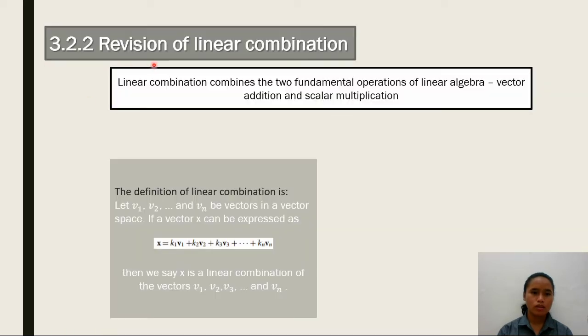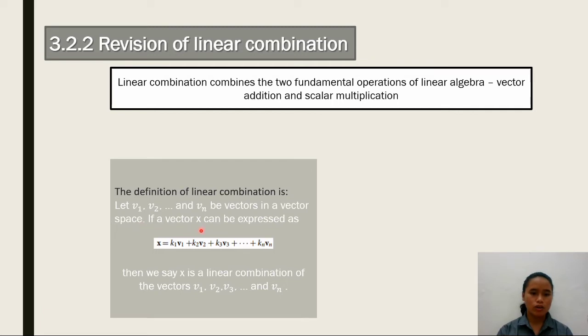A revision of linear combination. Linear combination combines the two fundamental operations of linear algebra, vector addition and scalar multiplication. The definition of linear combination: let v1, v2, until vn be vectors in a vector space.